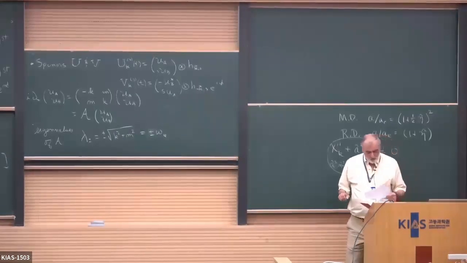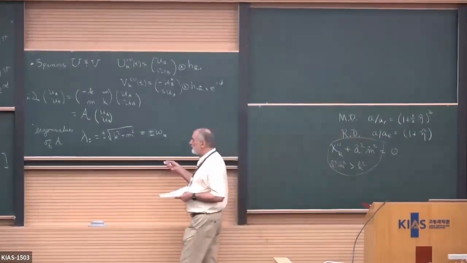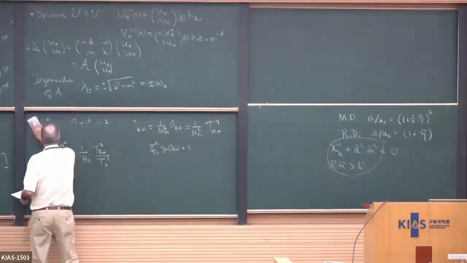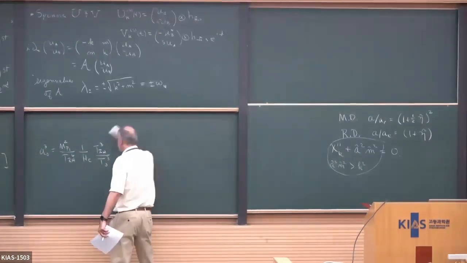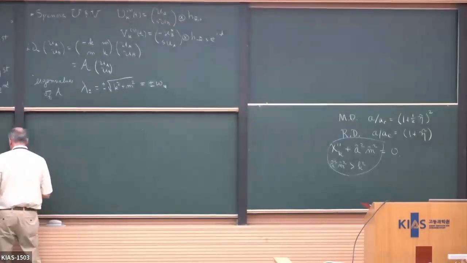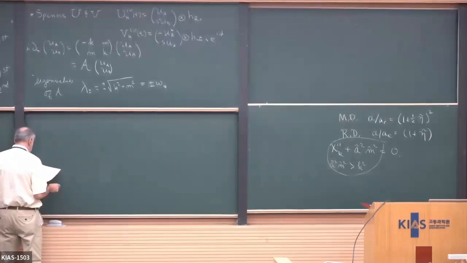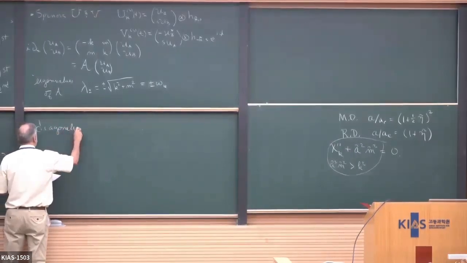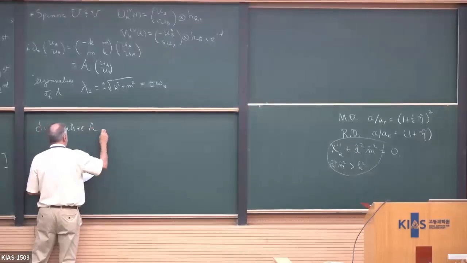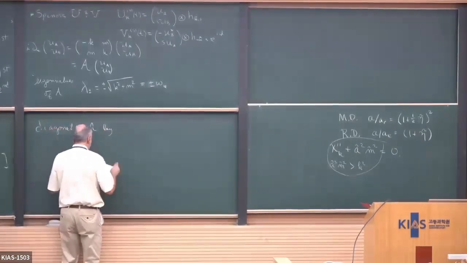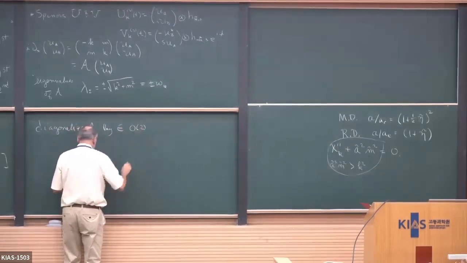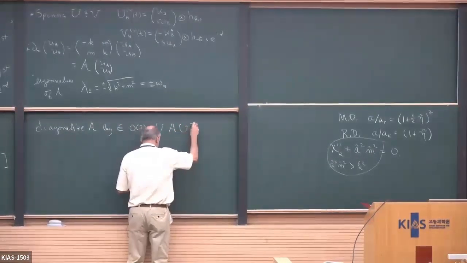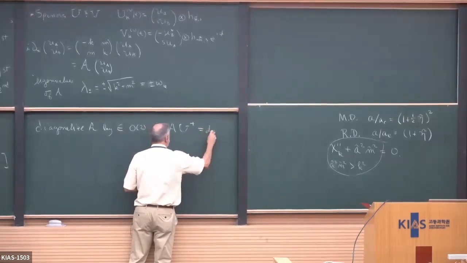Okay, what else do I want to do? I can diagonalize the matrix A by a rotation matrix, some rotation matrix such that U A U transpose is equal to the diagonal.